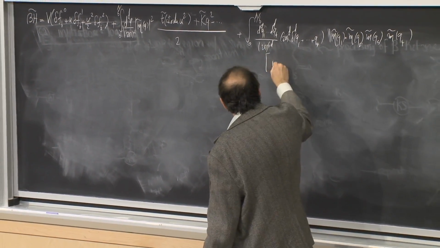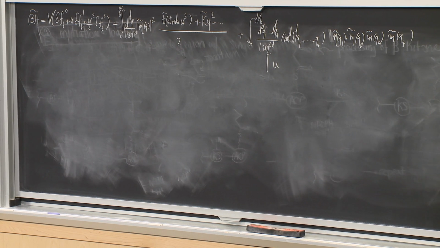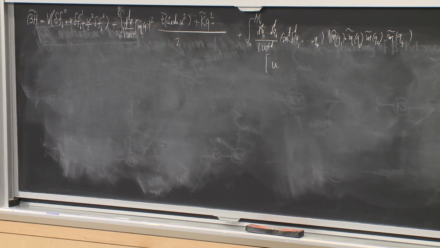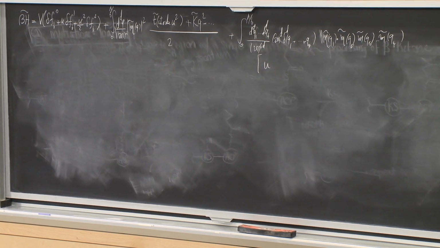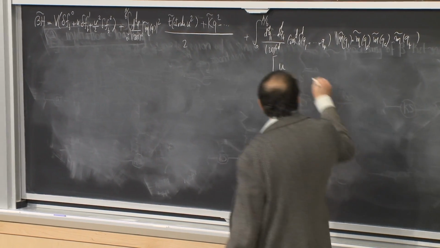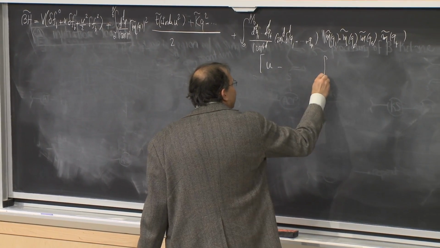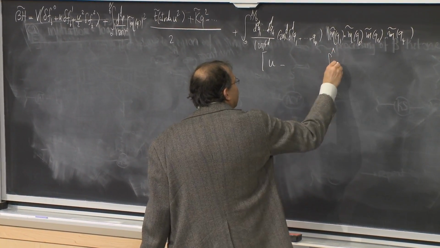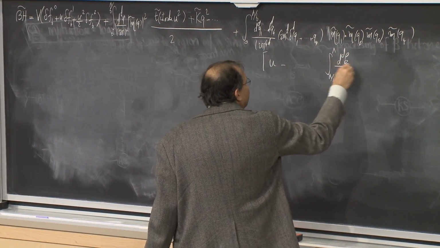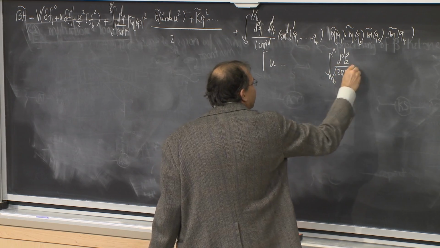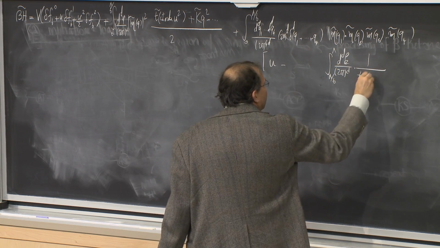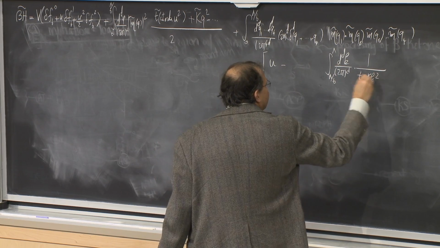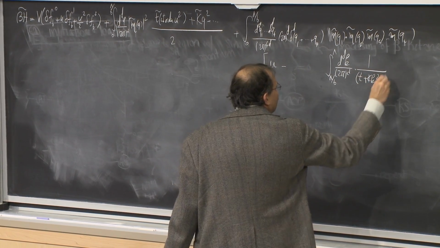And what I have to lowest order is u. And then I have a bunch of terms that are of the form something like this. So they are corrections that are proportional to the integral over the shell from lambda over b to lambda, ddk 2 pi to the d, 1 over t plus k squared, squared.